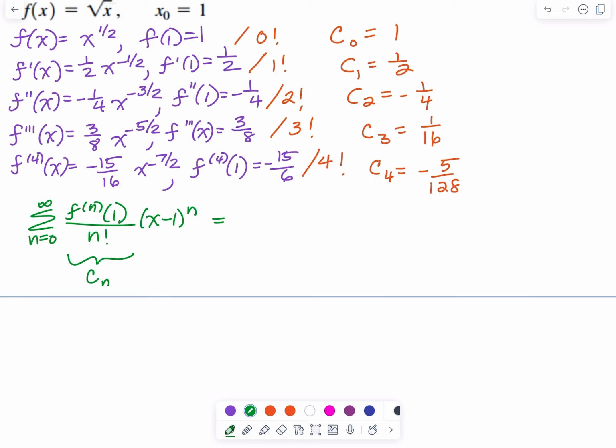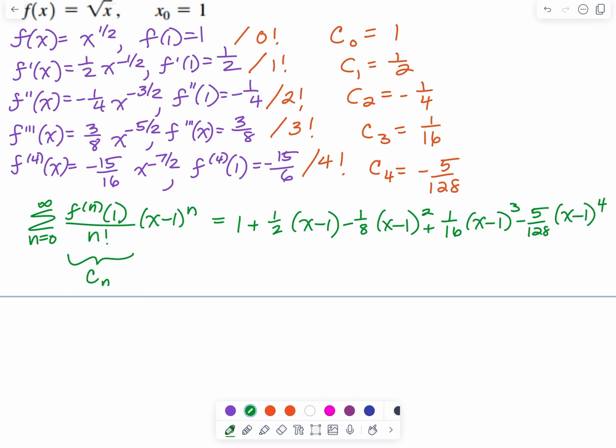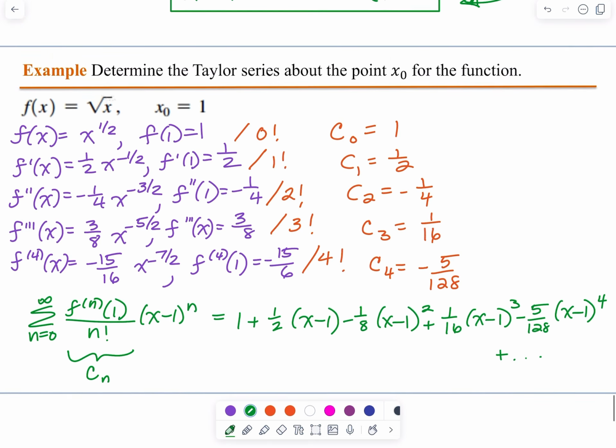We're going to have 1 plus 1/2 (x minus 1) minus 1/8 (x minus 1) squared plus 1/16 multiplied by (x minus 1) cubed minus 5 over 128 multiplied by (x minus 1) to the 4th, and so on and so forth. Okay, well, that concludes this video.